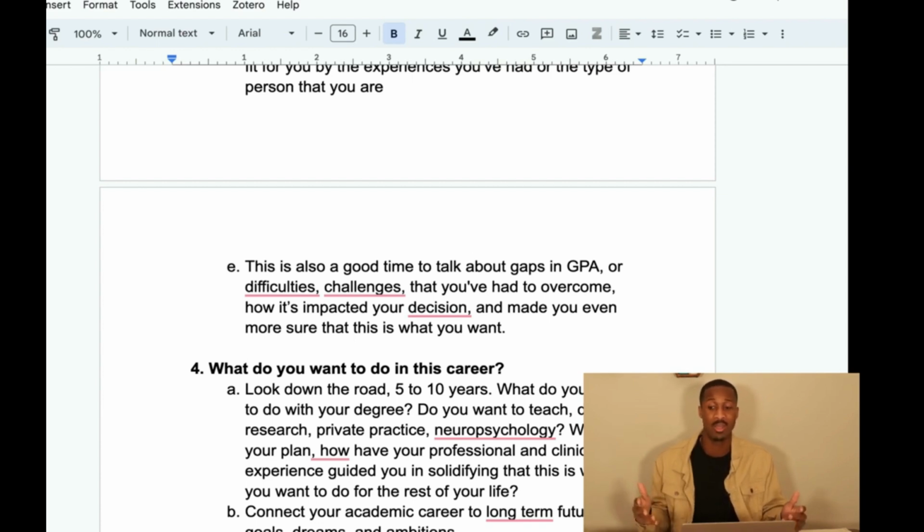So that's a good way of turning a weakness into a strength so that they at least understand that, first of all, you're aware of your weakness, you recognize it, you acknowledge it, you bring it to the forefront, and you're doing something about it. It doesn't mean that you have to fix it. It doesn't mean that you have to be perfect. It just means that you're doing something about it. You're trying to improve yourself. You're trying to grow as a person, and you're trying to become better.